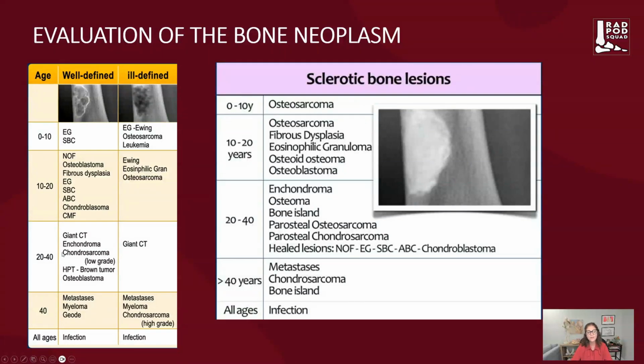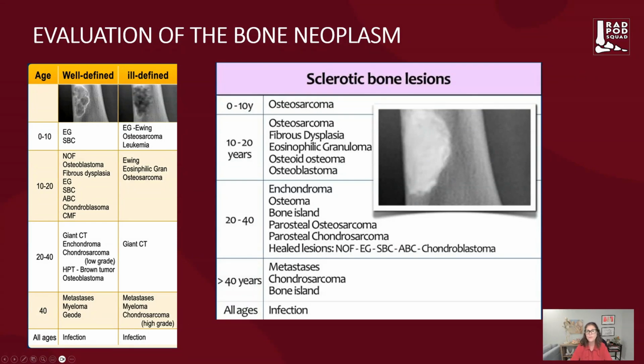From 20 to 40 years old, we're going to be worried for a giant cell tumor once the growth plates close. So closure of the growth plates might indicate that we have a giant cell tumor. Enchondromas, chondrosarcomas, brown tumors as seen in hyperparathyroidism, and osteoblastomas are all found in this age of 20 to 40. Also very important, in the ill-defined category, giant cell tumor is very popular in this particular age category.